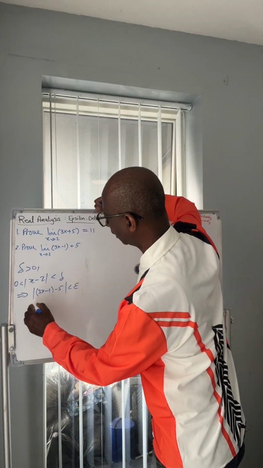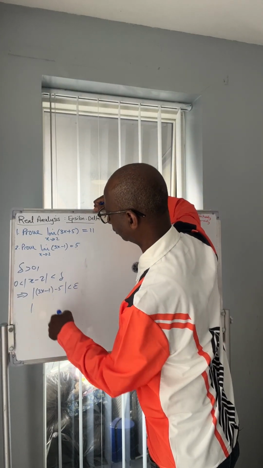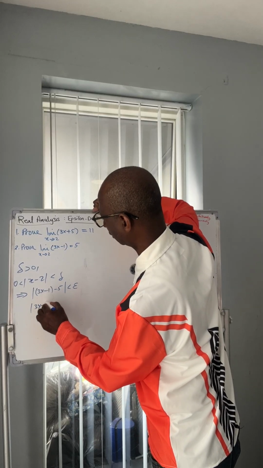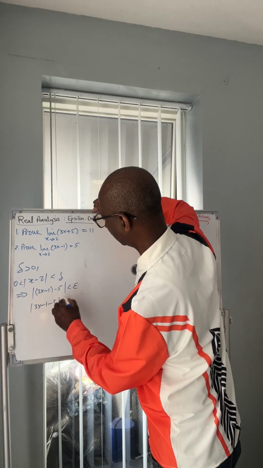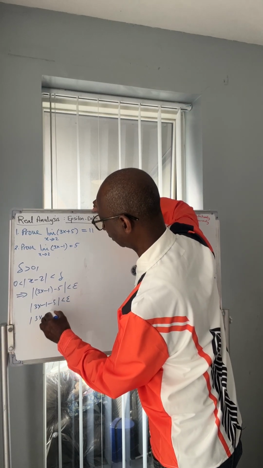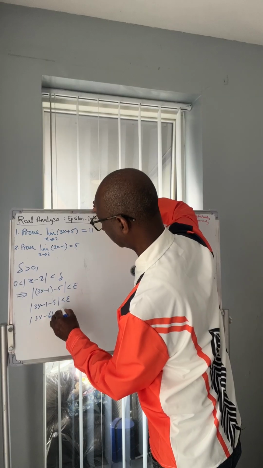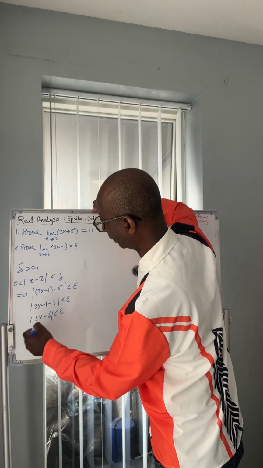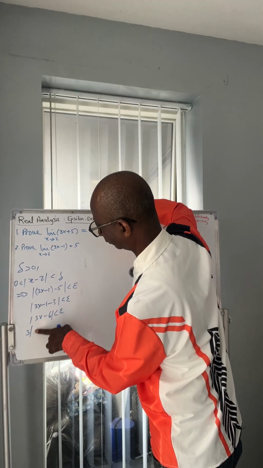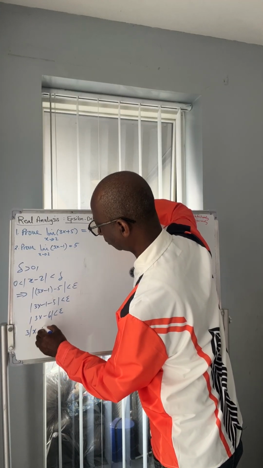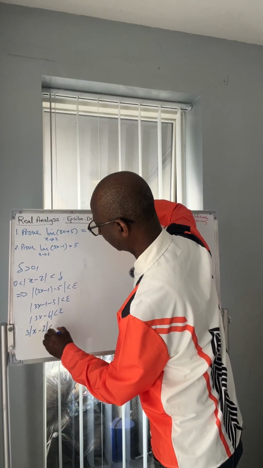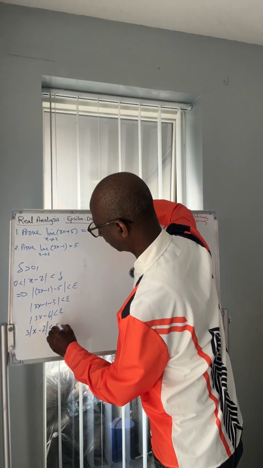So now, if you expand this one, you'll get 3x minus 1 minus 5 less than epsilon. So this gives you 3x minus 6 less than epsilon. I want to take the 3 out, so this gives you 3 times the absolute value of x minus 2 less than epsilon.